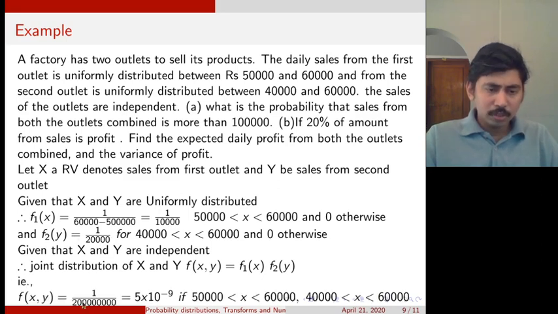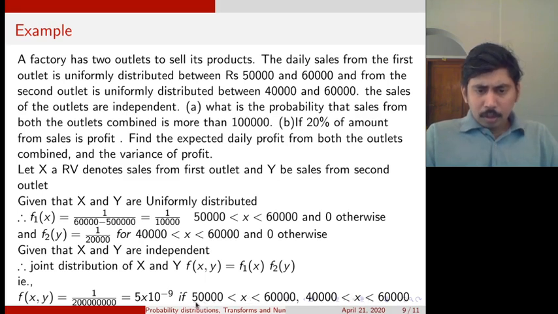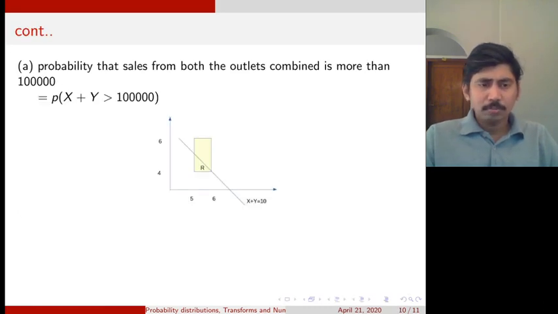That is f of x y equal to 1 by 20,000 into 1 by 10,000, which is 5 into 10 raised to minus 9. The x range and y range should be given separately. This is y, sorry, it's a typo. So 50,000 less than x less than 60,000 and 40,000 less than y less than 60,000.